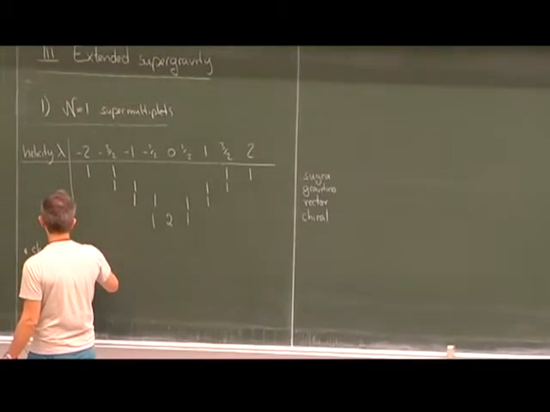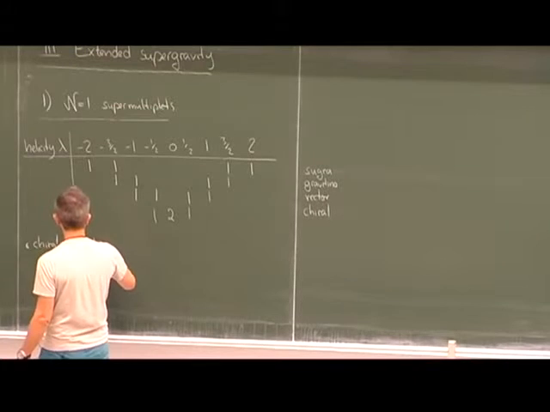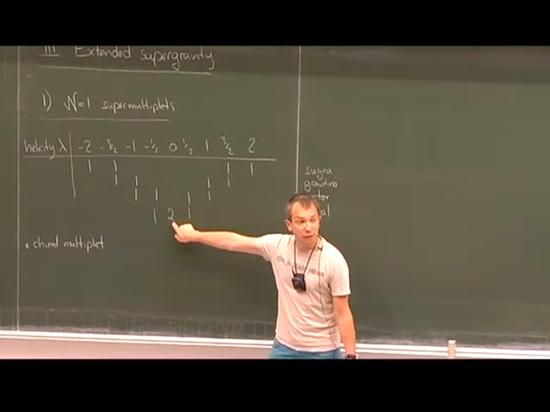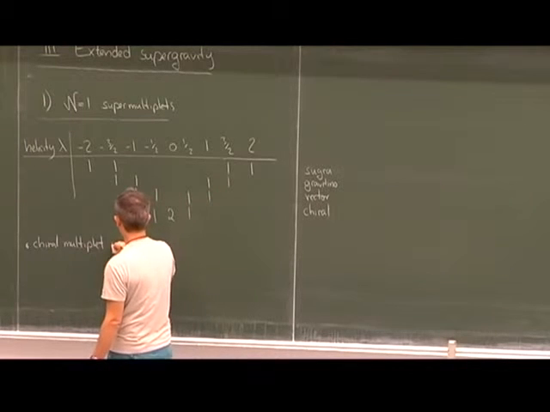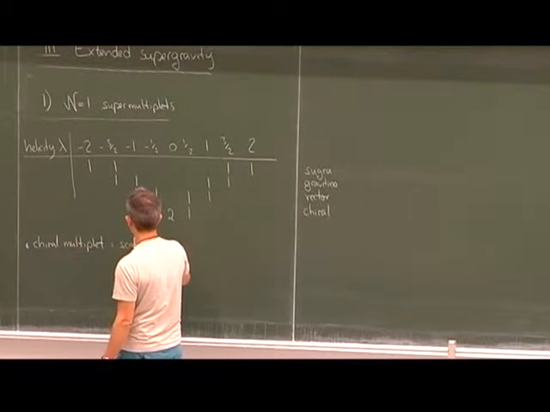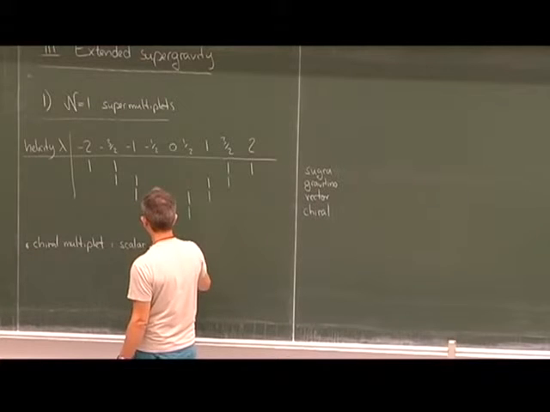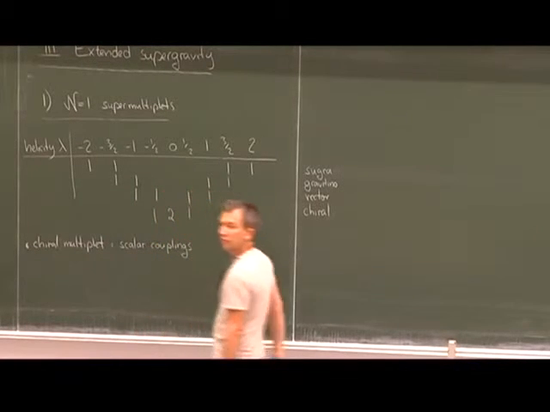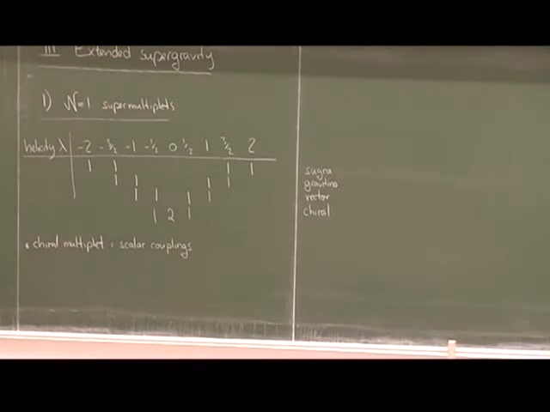The chiral multiplet, for example, its bosonic matter is scalar fields. So let's look at what are the couplings of scalar fields in supergravity. So how do you couple a scalar field to gravity? Well, that we know. We just write a standard, say, Klein-Gordon type theory, but on a dynamical metric.